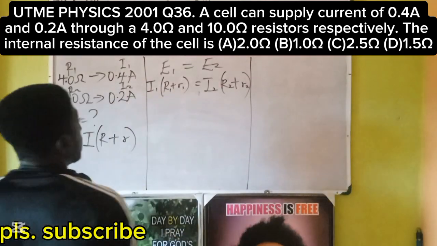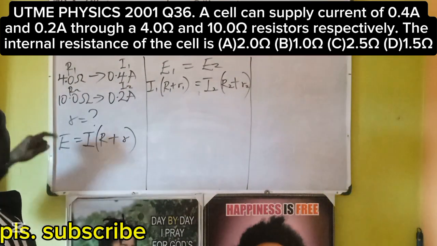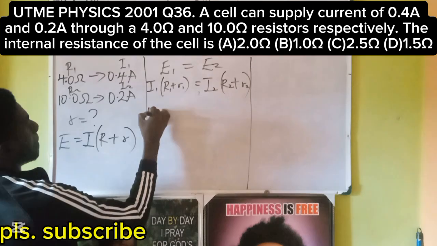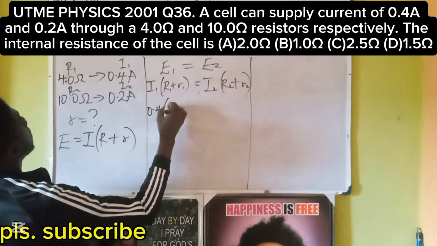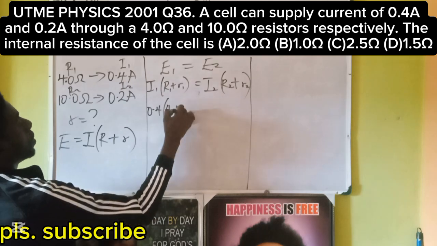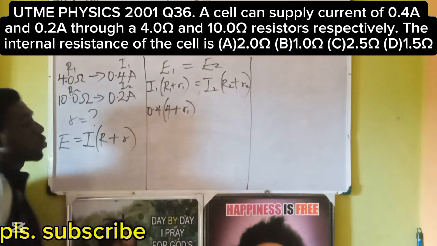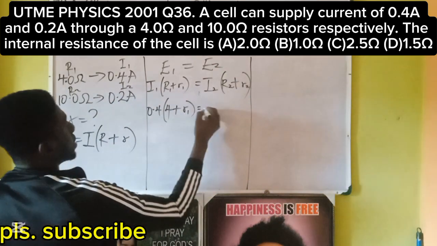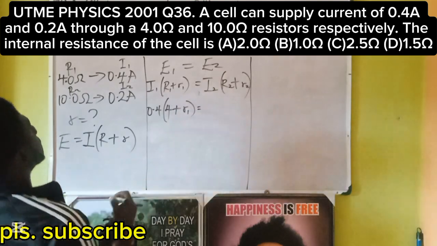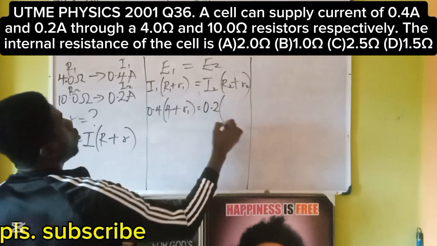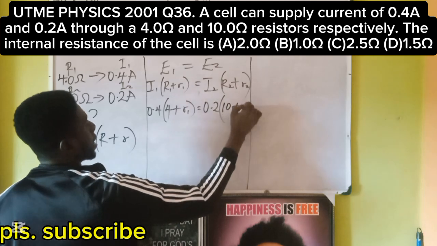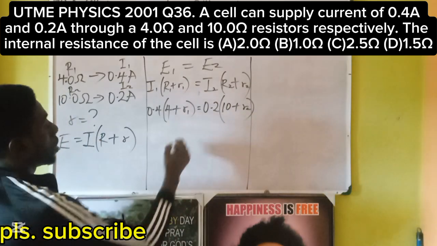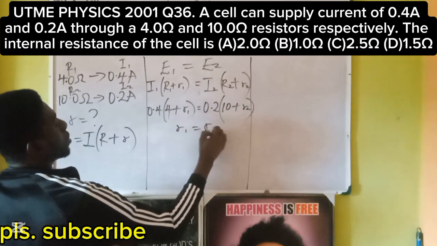Both experiments have the same cell. Then the current in the first experiment is 0.4. The resistance then was 4 ohms. The internal resistance r1, we don't know yet. In the second experiment, I becomes 0.2. The resistance will now increase to become 10 plus r2. Recall, r1 is equal to r2.